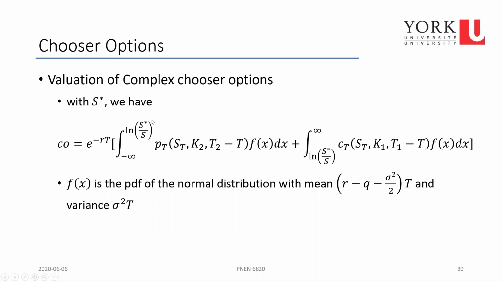We see that with this S defined that way, a chooser option, you can see that as two integrals. One integral is really for the put to have a value higher than the call, and here the call has a higher value than the put.